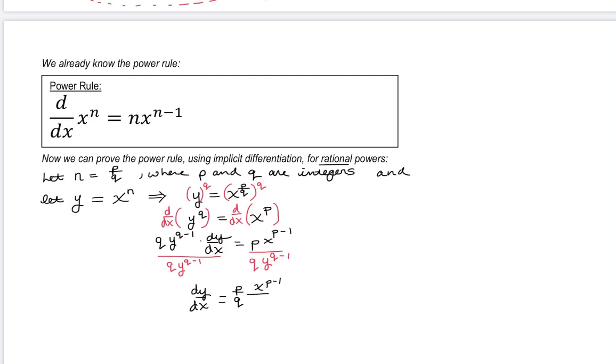But I'd like to get this derivative entirely in terms of x. And here's what I know. I know that y was originally equal to x to the p over q power.